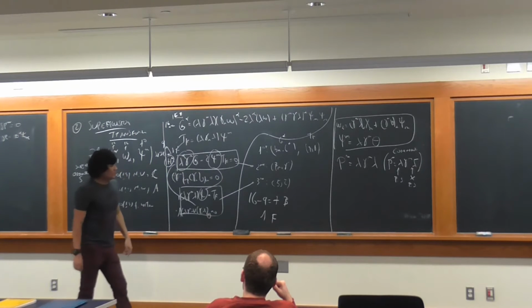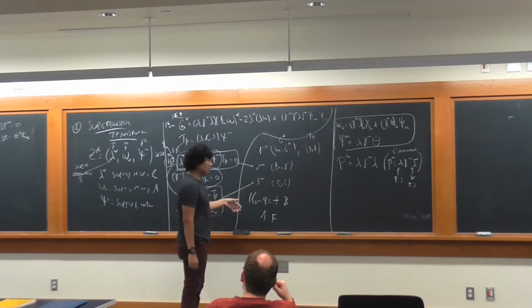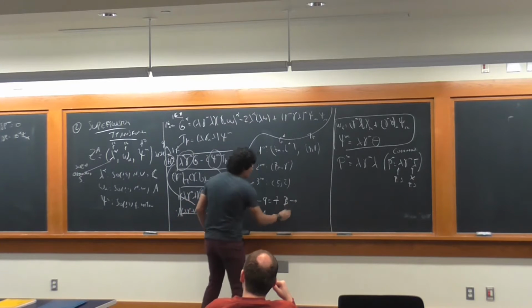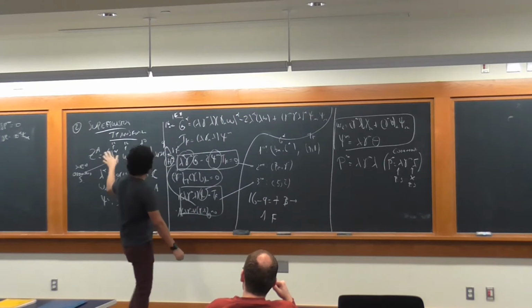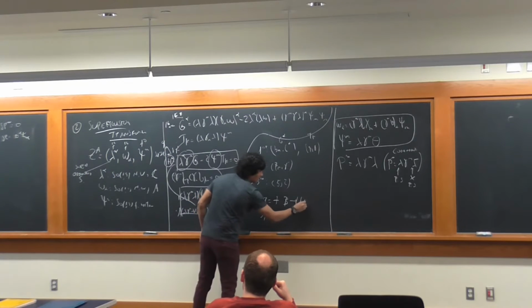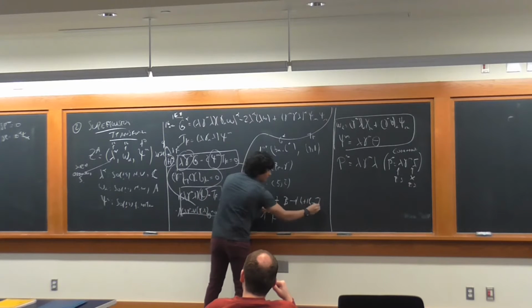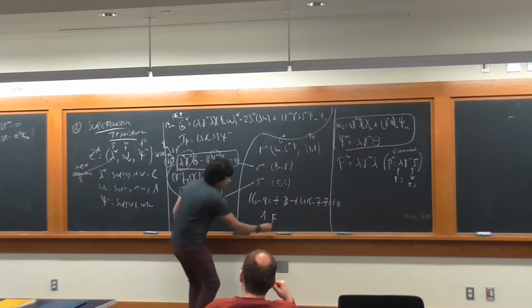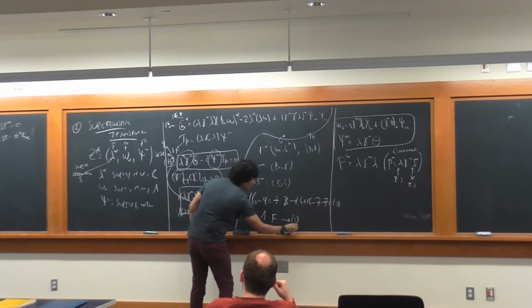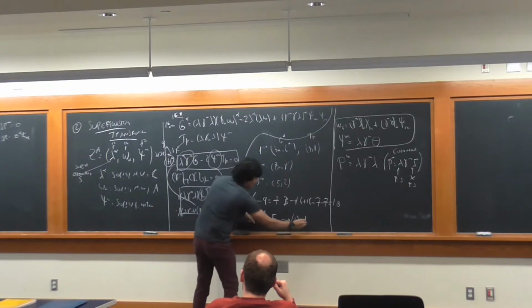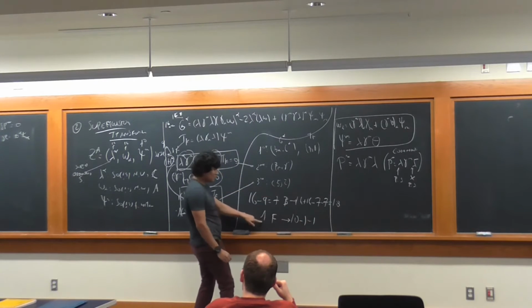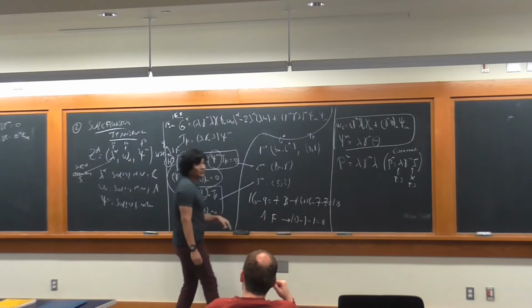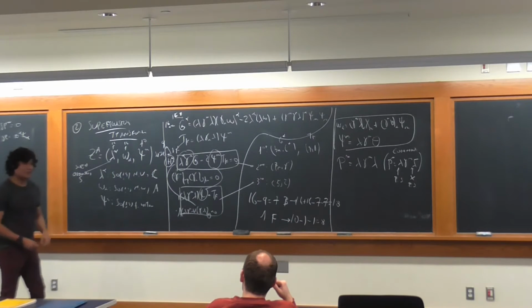Okay, so we know that first class constraints generate gauge symmetries. So the total number of degrees of freedom for lambda and W will be 16 plus 16 minus 7 from the constraints and minus 7 from the gauge symmetry. So I will have 18. And here I will have 10 minus 1 from this constraint and minus 1 from the gauge symmetry generated by this constraint. So I will have 8. So the counting is correct.